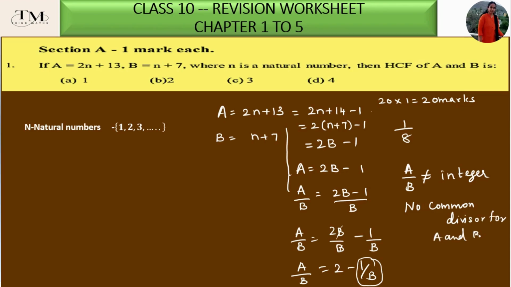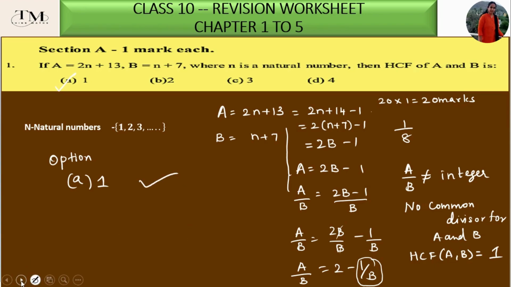If there is no common divisor, then we can say HCF of a comma b is 1. If there is a common divisor, we can take that common divisor as factor, but we don't have the common divisor. So HCF of a comma b is 1. So which option is correct? Option A. So option A, which is 1, is the right answer.